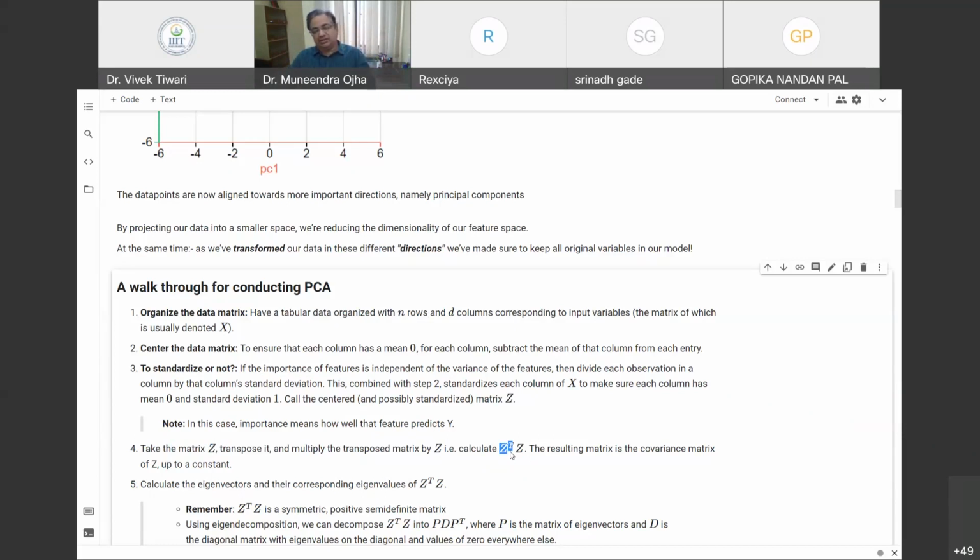It is symmetric, positive semi-definite, and it's a covariance matrix also. The resulting matrix is the covariance matrix of Z up to a constant. The constant is actually 1 divided by n minus 1.